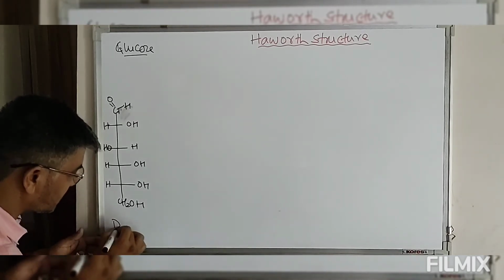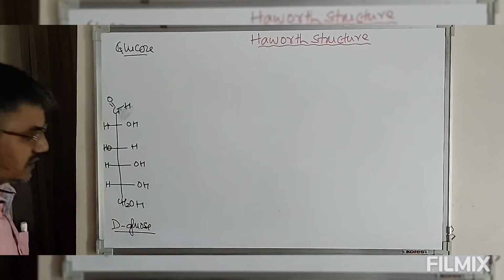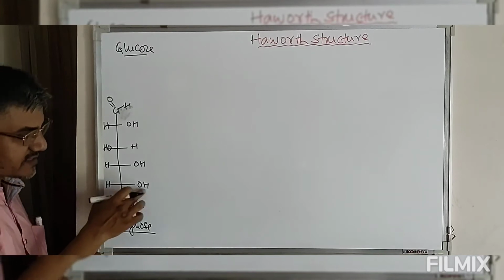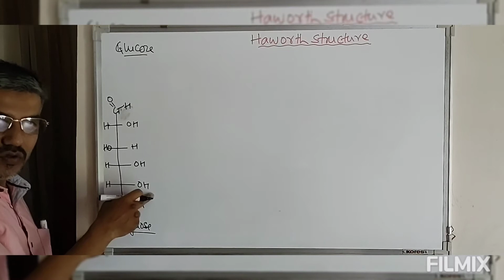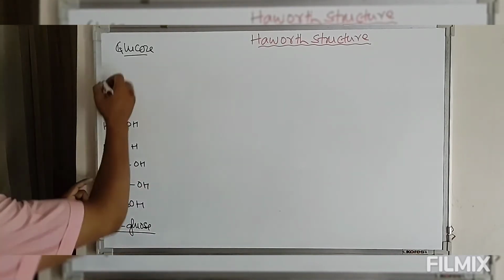So we say this is D-glucose open chain structure. Why is this known as D? Because at the highest chiral center OH is on the right hand side, so we say this is capital D form. Now this open chain structure.